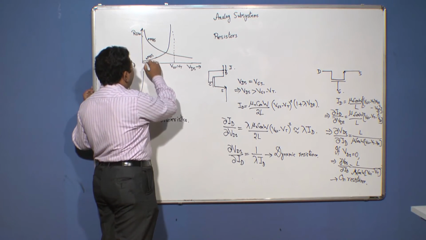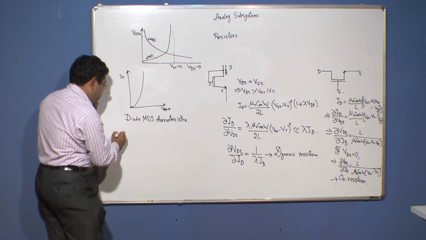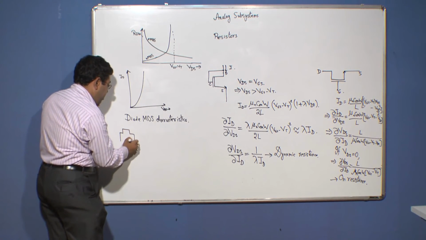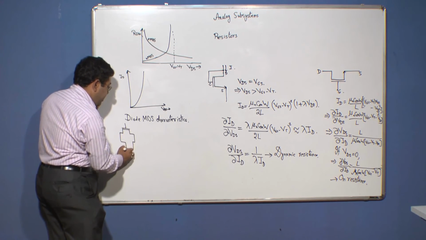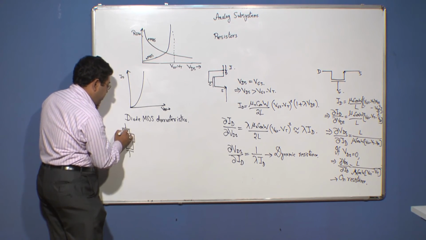So, what if we have a parallel combination of an NMOS and a PMOS transistor as in a CMOS transmission gate?